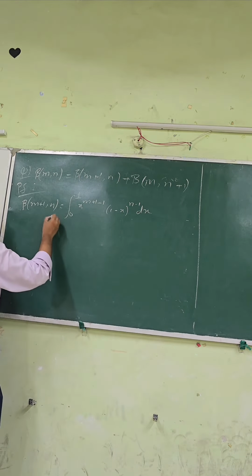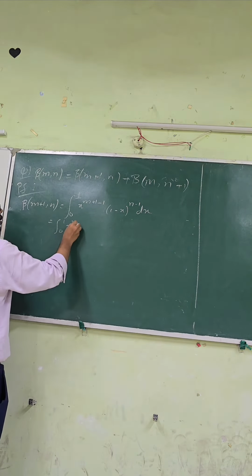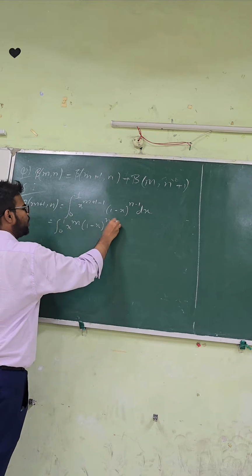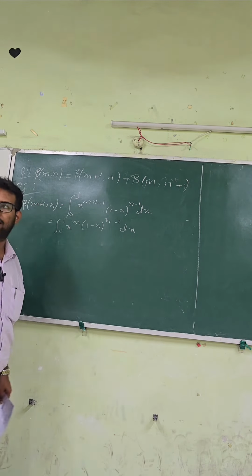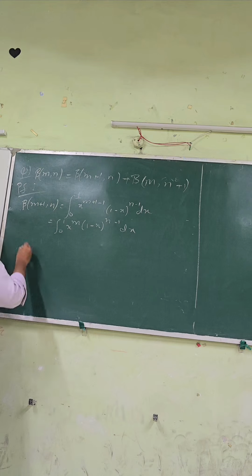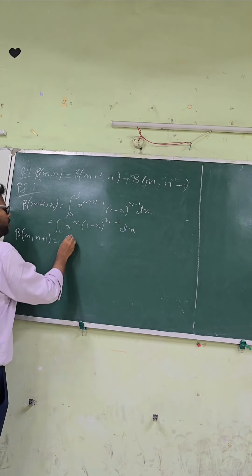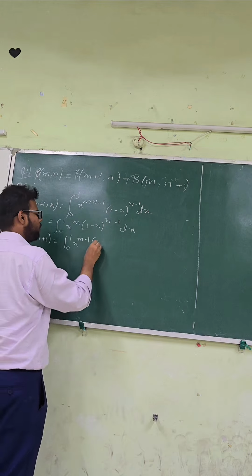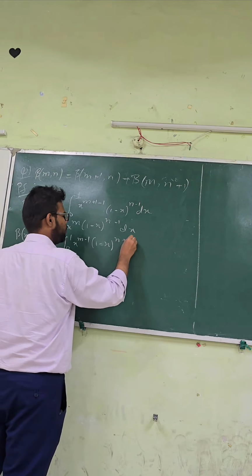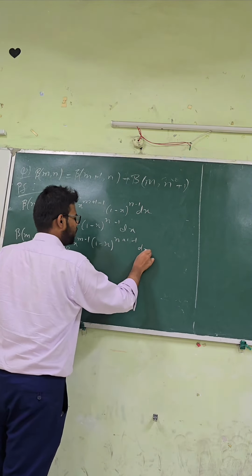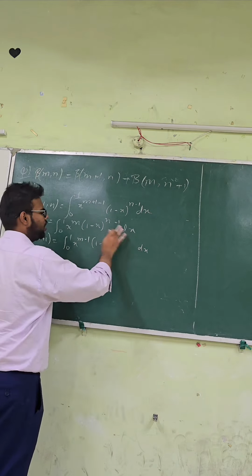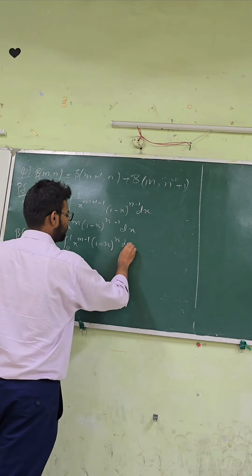So you get 0 to 1 x to the power m, 1 minus x to the power n minus 1 dx. And now when you do beta of m comma n plus 1, you will get integral 0 to 1 x to the power m minus 1, 1 minus x to the power n plus 1 minus 1 dx. And again you can write it like this directly.